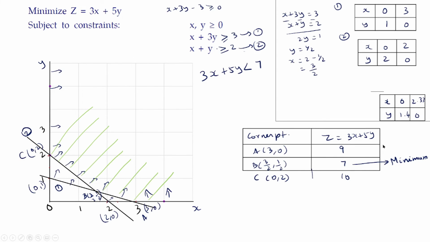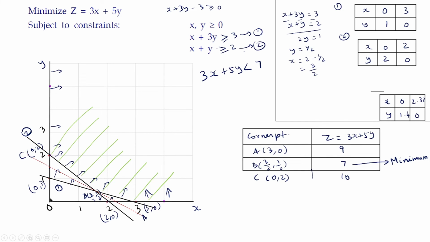So if we plot these 2 points, (0, 1.4) somewhere here, and then (2.33, 0) somewhere here. Now let us draw a straight line joining these 2 points so that we will be able to find the region corresponding to 3x plus 5y less than 7.